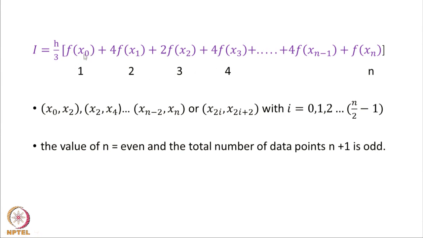The first point contributes only a weight of 1, the last point also has a weight of 1, and the intermediate points will have weights 4 and 2. First point, the 0th point, has weight 1. Next point has weight 4, the third point weight 2, and I go on doing that and multiply by h/3. This is my Simpson's 1/3 rule.